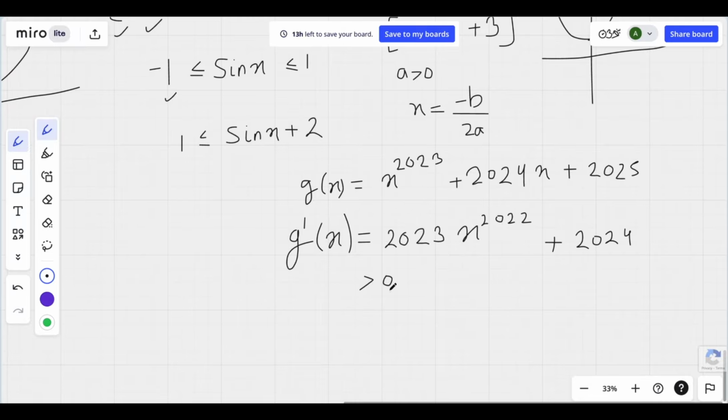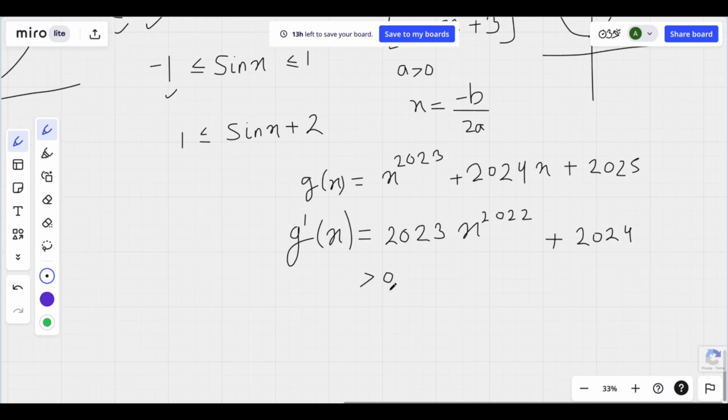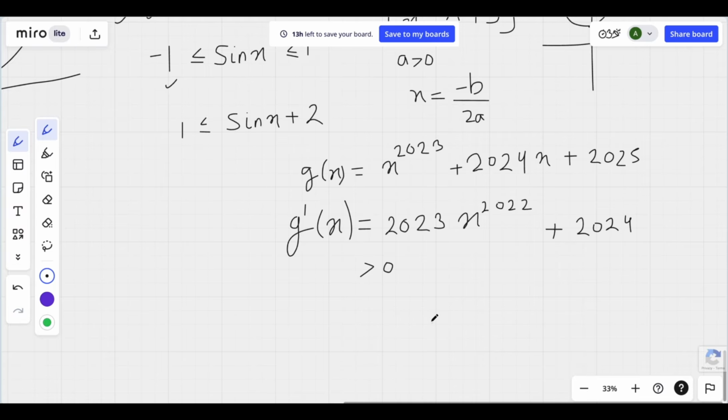So now our slope is positive, so we can say that g(x) will be an increasing function, because the slope is positive.